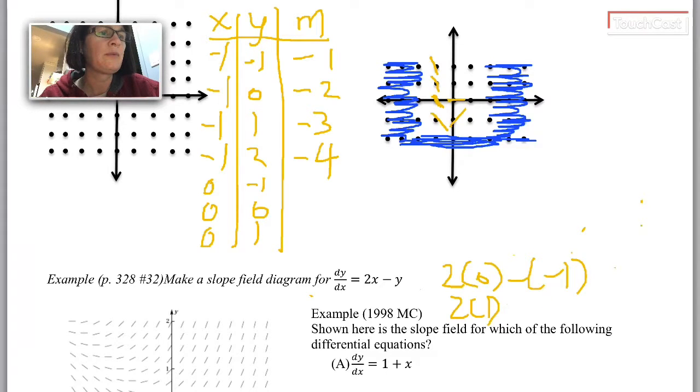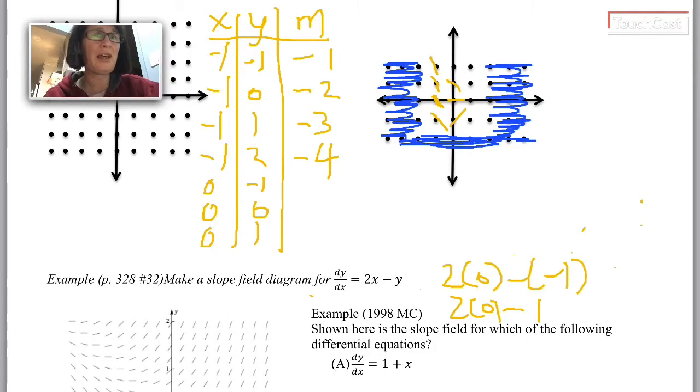0 and +1, that's going to be 2 times 0 minus 1. 2x minus y. That's a slope of -1. That's 45 degrees downhill. Yours should probably be a little bit straighter, the ones I'm drawing.